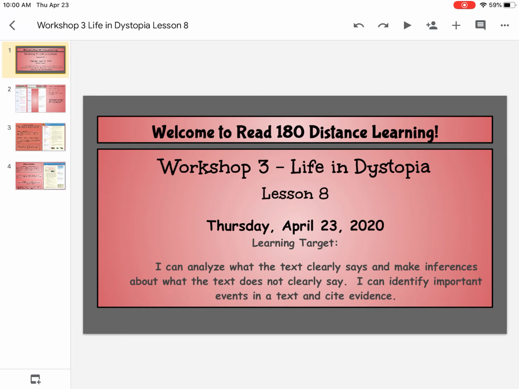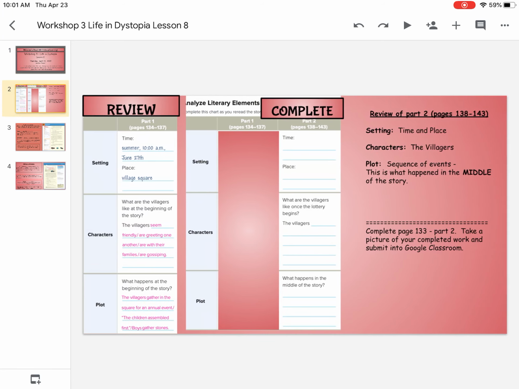So we have to make our own inferences, and that's what our learning target is today. Being able to analyze what the text clearly says and make inferences about what the text does not clearly say. And again, today you'll be identifying important events in the text, and you'll be citing that text evidence when you complete your assignment.